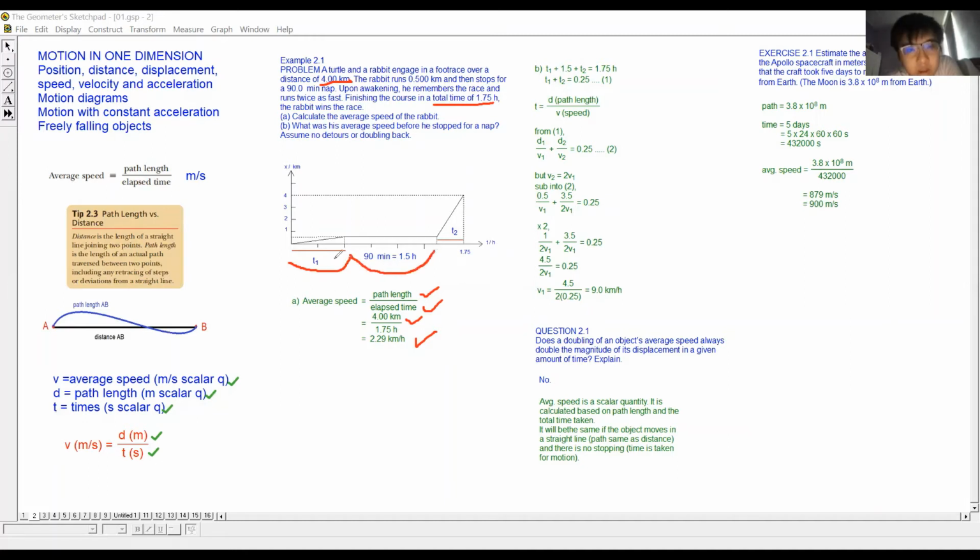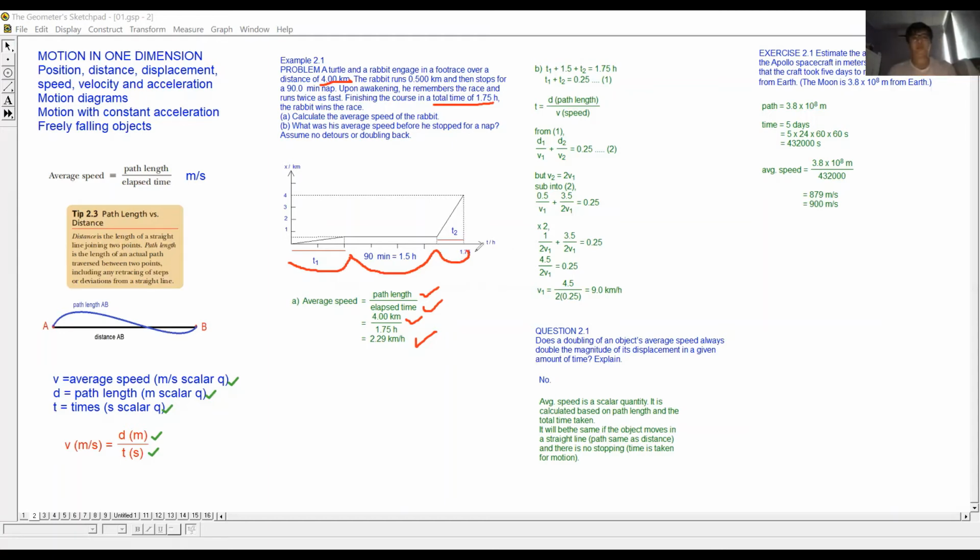Initially, I don't know how much the time is, but I just call it T1. Then the final lap: after he wakes up, he runs twice as fast as before, and the time taken is T2 hours.